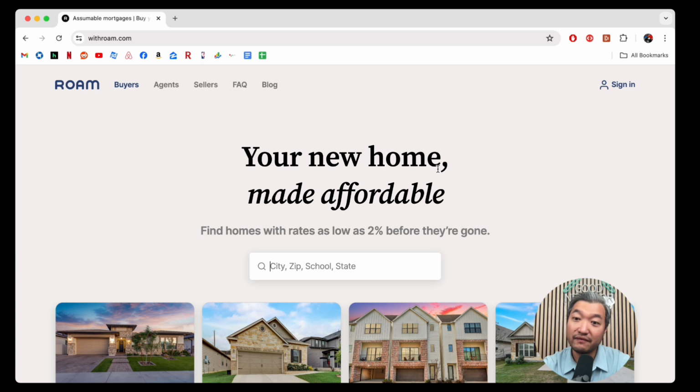Now for FHA, you have to plan on living in the property for at least a year after you purchase it. However, for VA loans, you can purchase the property as an investment property as long as you put down 20%. You also don't have to be a veteran to take over a VA loan.